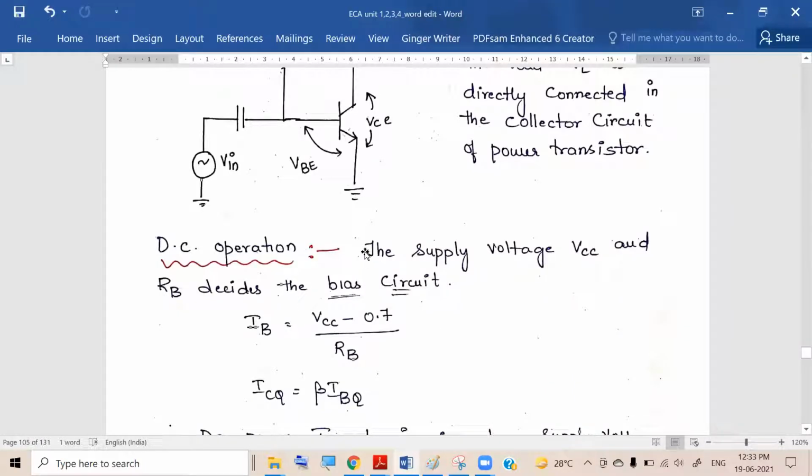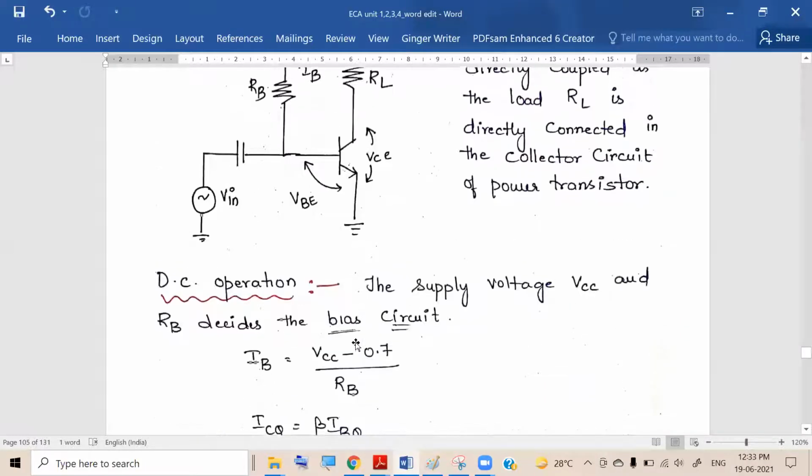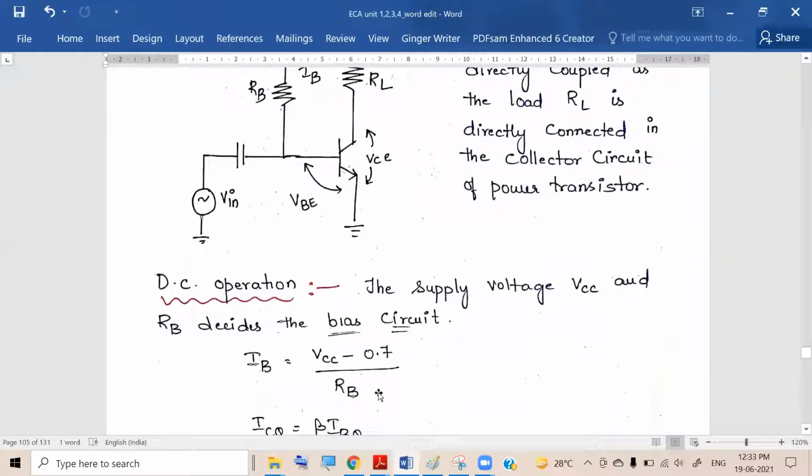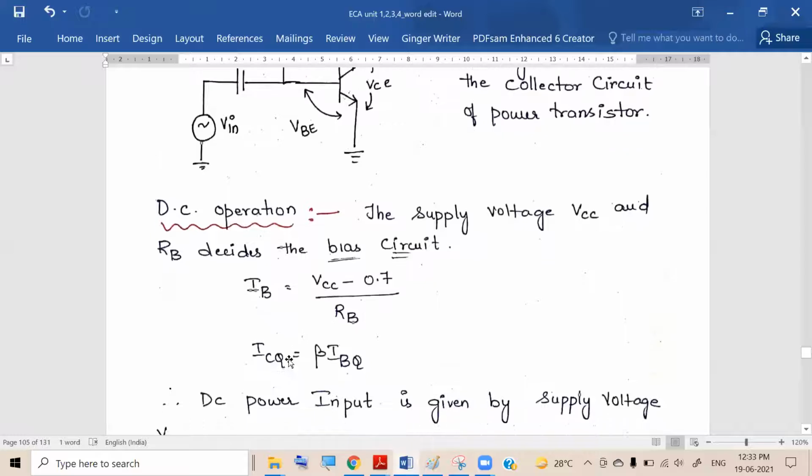So IB is fixed by fixing RB, and once IB is fixed, I told you IC is beta times IB, and beta is a constant. So if we fix IB as 100 microampere, and suppose beta is 100, IC will be 10 milliampere, like that.